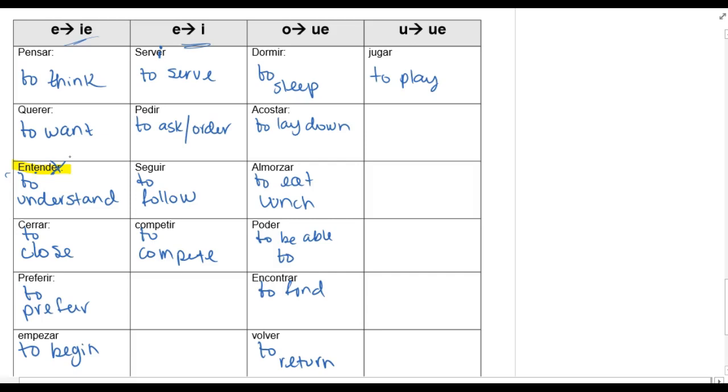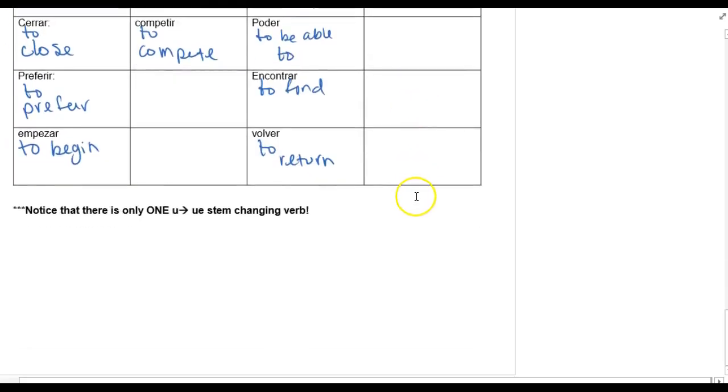So that doesn't count as an E for the stem. What you're going to do instead is typically, within your stem, the second vowel, like the second E, would be the one that you drop and change. So the second E is the one you're going to change. Obviously, you're not going to change the first E for entender. However, you would change the second E right here to turn it into understand. Okay? So hopefully that helps.